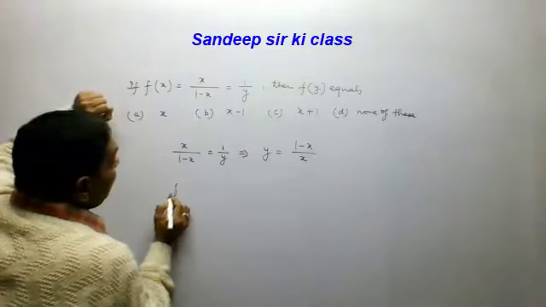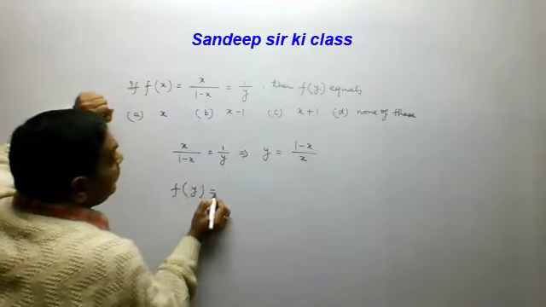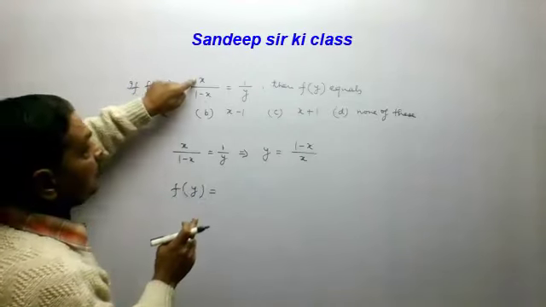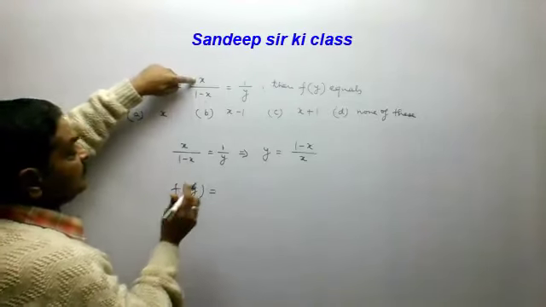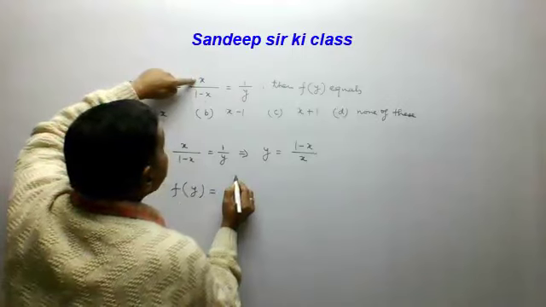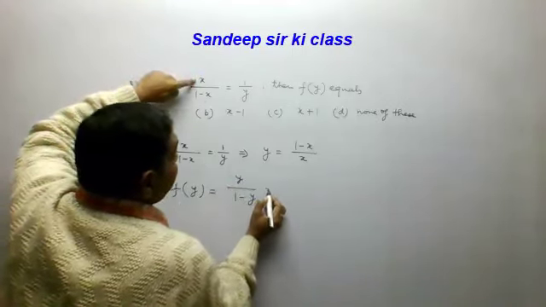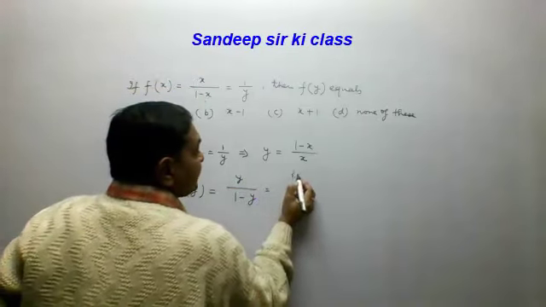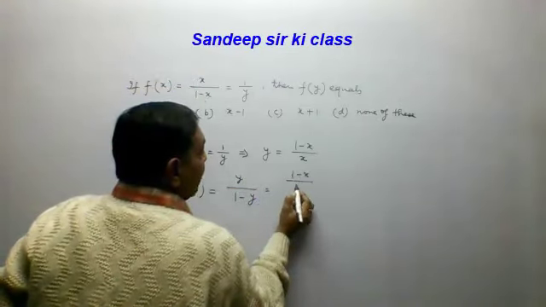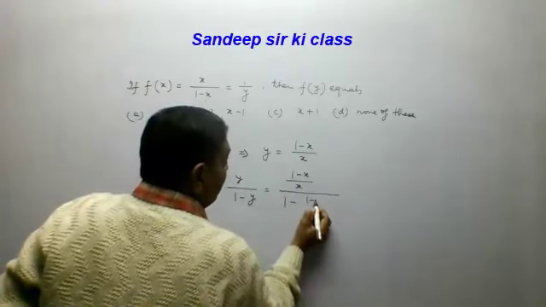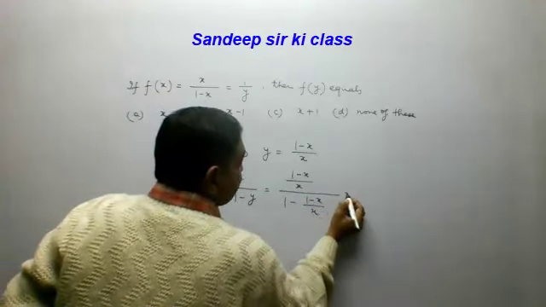Now f(x) is given as this from the first part and the middle part. So I can write f(y) is equal to, in place of x here I am writing y. So here also I should write y, which is equal to (1 minus y) upon (1 minus y), which gives me ((1 minus x) upon x) upon (1 minus (1 minus x) upon x).